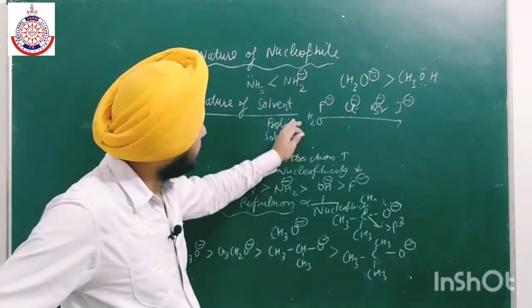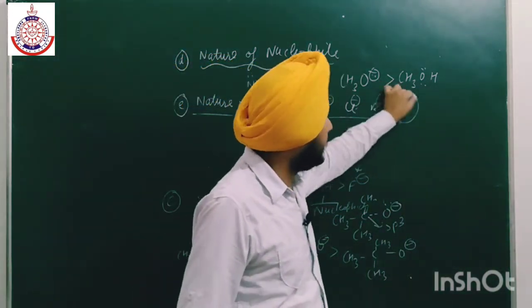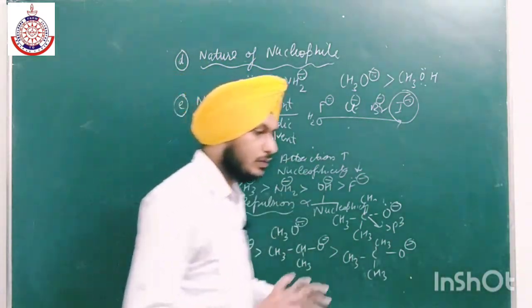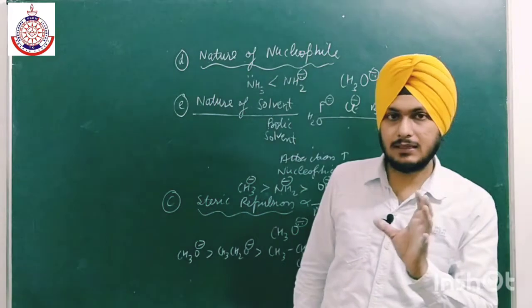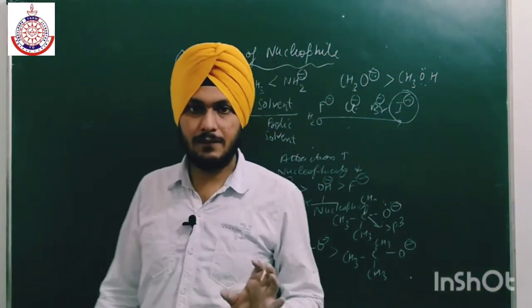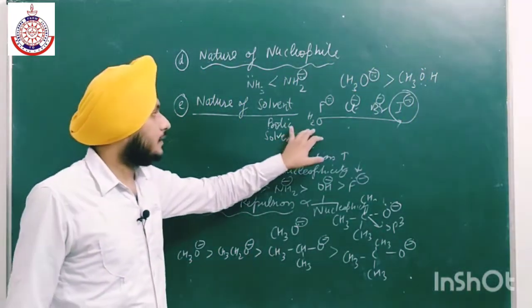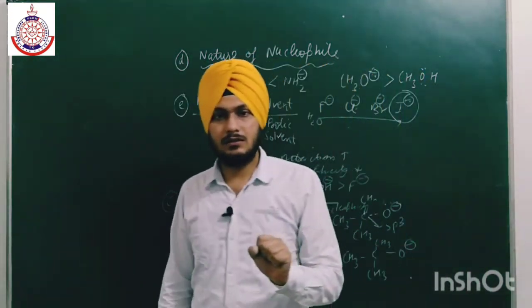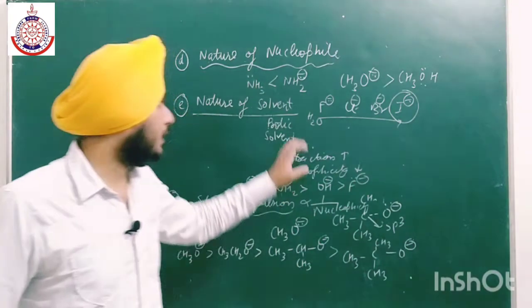But the size of I negative is quite large, so it is not easy for water to solvate or hydrate a large size atom. That is why the solvation in case of I negative is small as compared to F negative.